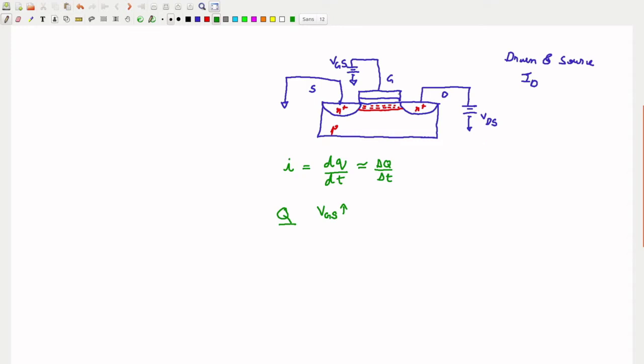We have a metal gate, an oxide dielectric, and the semiconductor channel which forms the capacitor. If we just think about how the capacitor will be, we will be having a plate separated by dielectric.